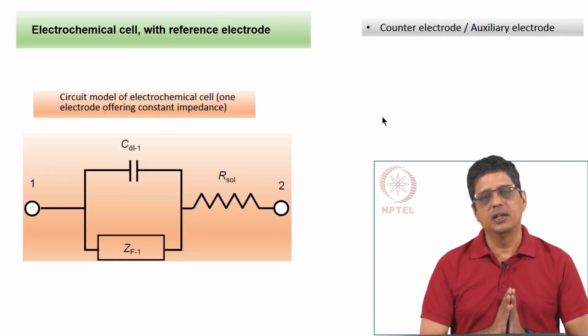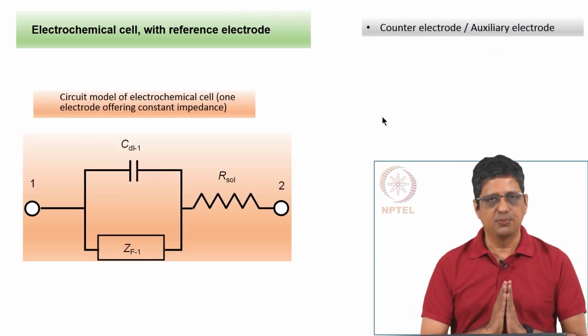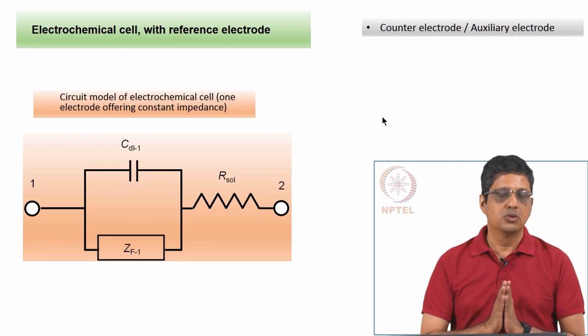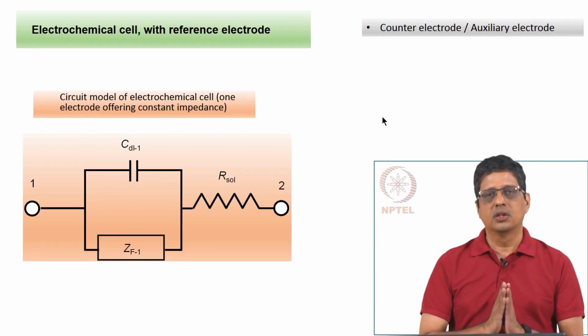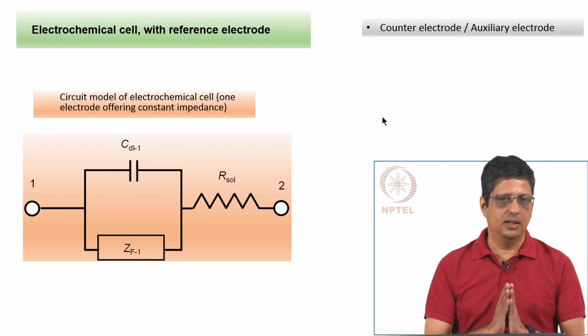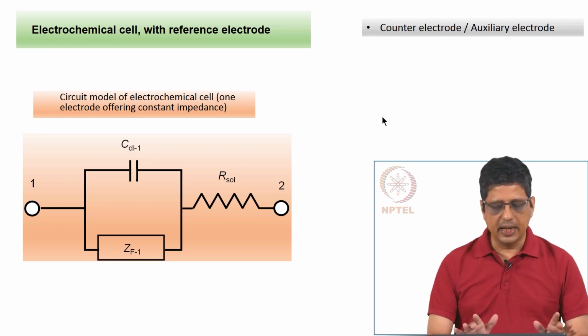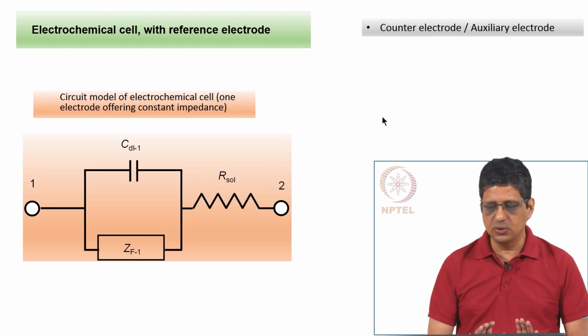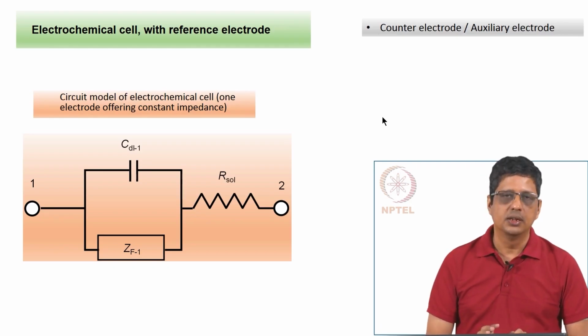Now, if I make the impedance of the reference electrode very small, so a reference electrode should have constant potential drop, it should ideally also have very little impedance. Then I can describe the entire system, that is 2 cells, with this circuit.